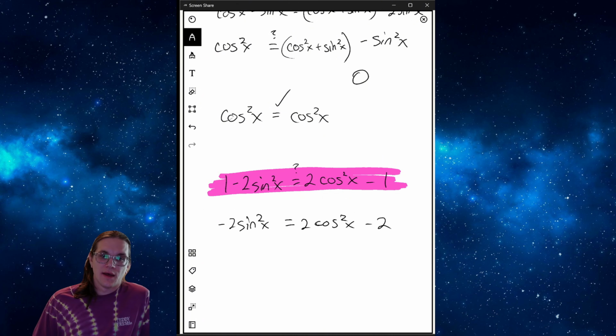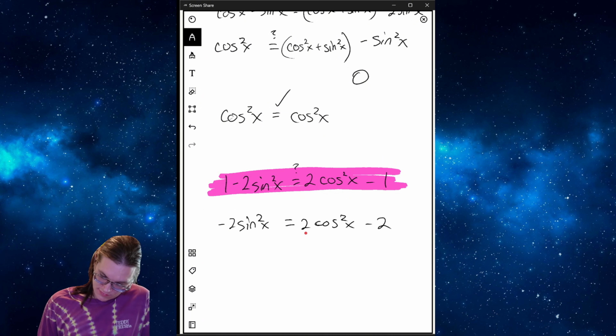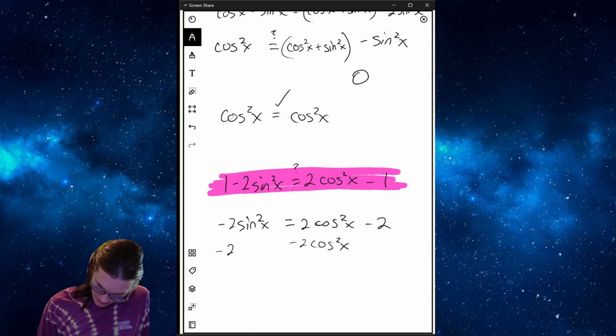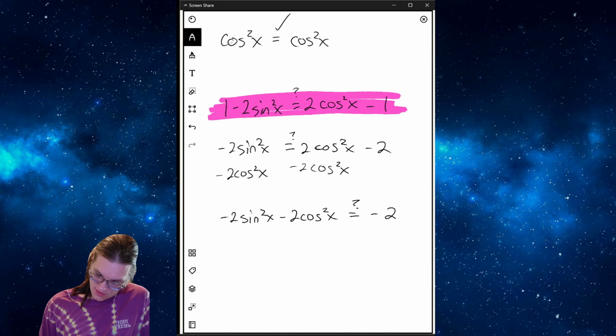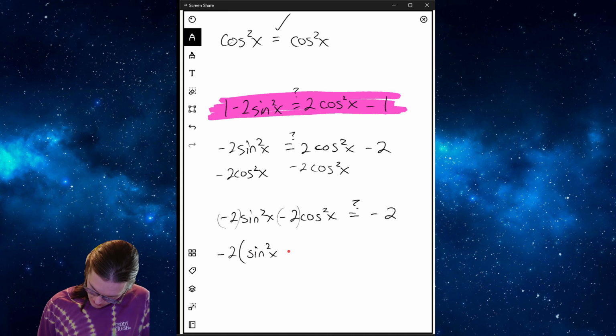So I'll have this, and then I'll subtract this from both sides. This cosine²x from both sides. Sorry, 2 cosine²x from both sides. So that means we'll have minus 2 sin²x minus 2 cosine²x is equal to minus 2. Is this true? Well, since there's a minus 2 times this and a minus 2 times this, I can also say negative 2 times sin²x plus cosine²x, right?